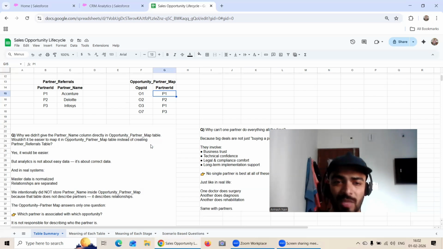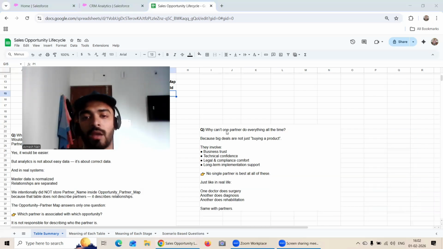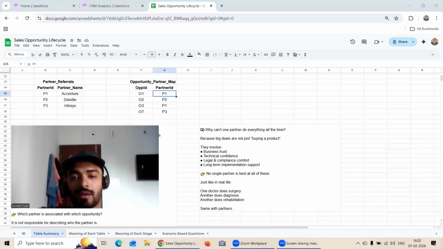I think many people might already know how one particular deal can be worked upon by many partners and how one partner can also work upon many deals. So the second part is something known to you, but the first part, I hope it's clear with this explanation.